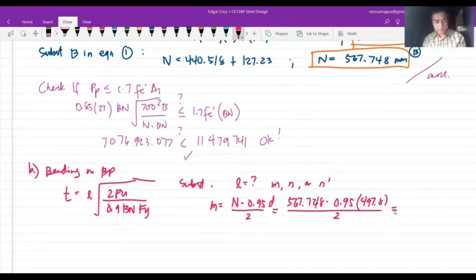Minus 0.95 of 497.8 divided by 2. So we got 47.419. Shift store ko sa C.